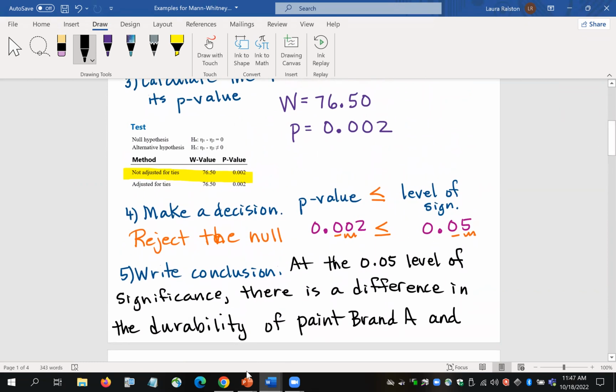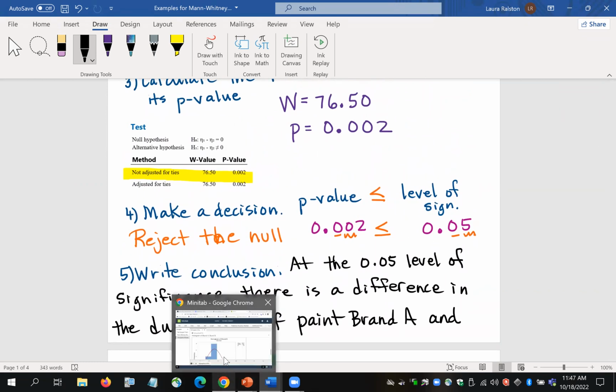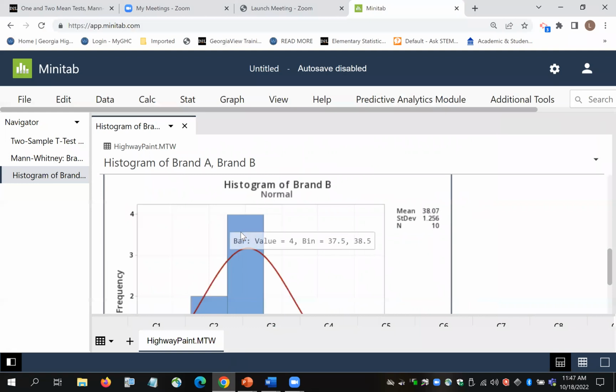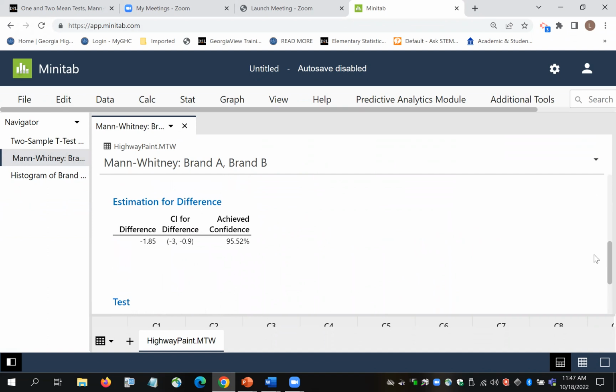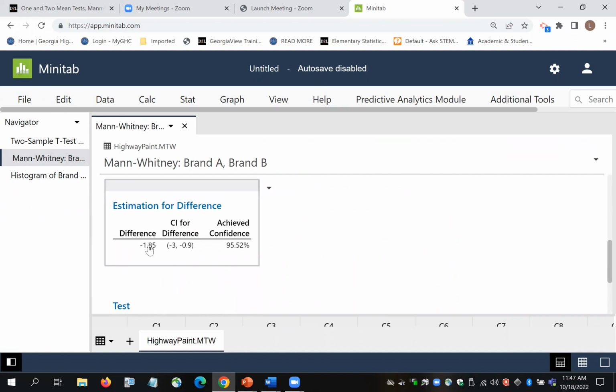Now we could look, you're not really required to, but if we go back and look at our estimation for difference, notice that we get a negative value, okay, which means brand A is less durable than brand B. I believe that's what that means. I think that's right.